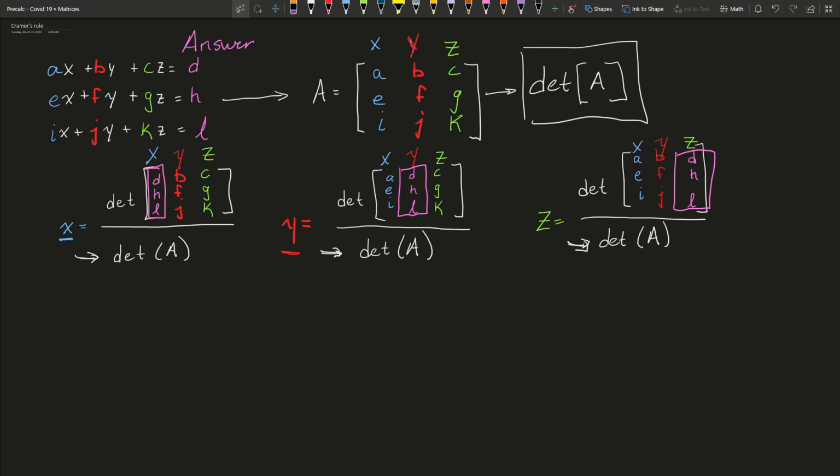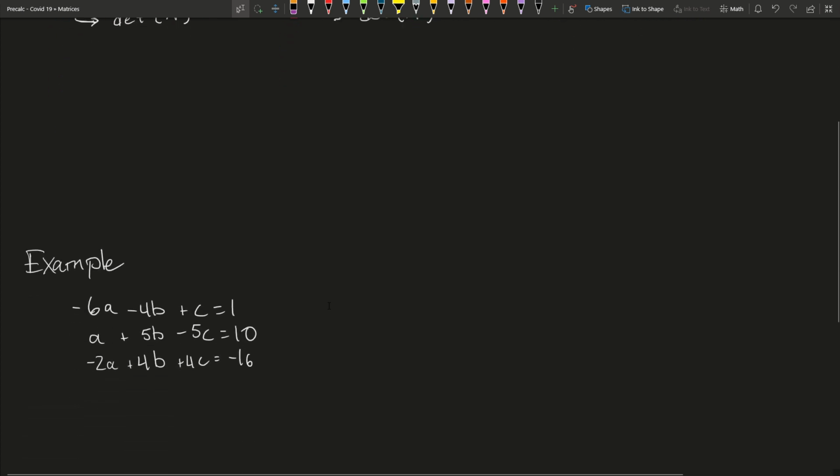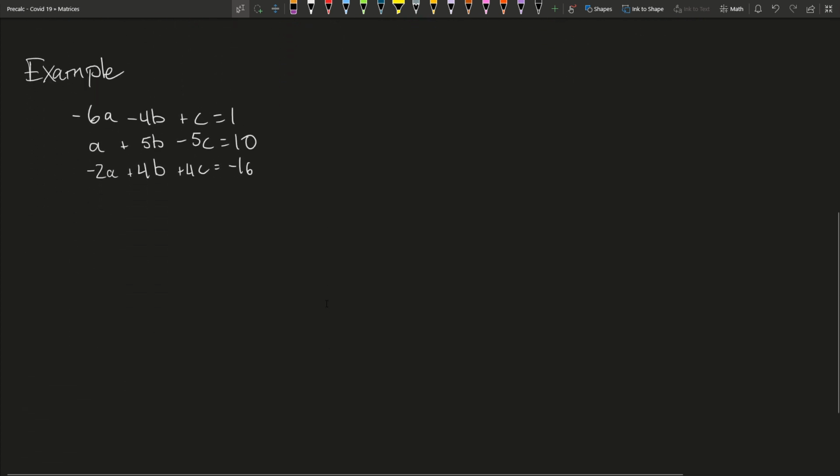All right, so for example, say we have this system of 3 variables and 3 equations. The first thing we have to do with this is we have to make a coefficient matrix. So that coefficient matrix, I'll try and do this color-coded.